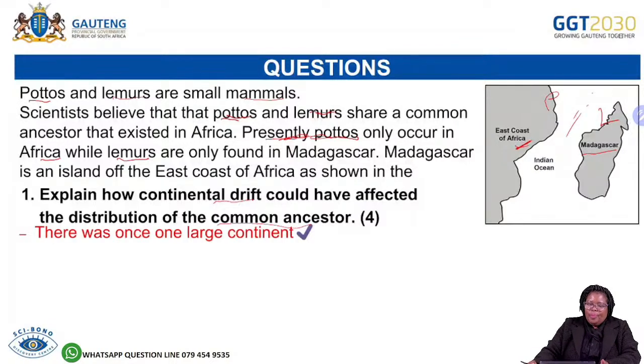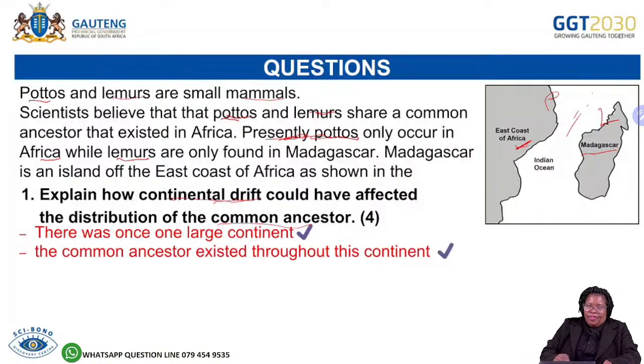Now, initially what we're saying is there was one large continent. Remember, we are explaining how continents drifted apart. How could it affect the distribution of what? Common ancestors. So initially, there was one large continent, and then the common ancestor existed throughout this continent.